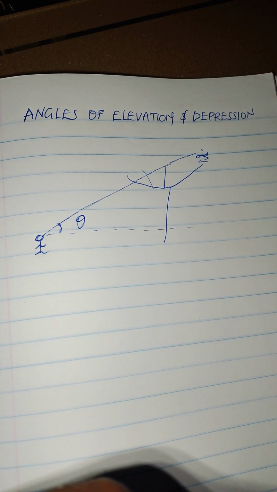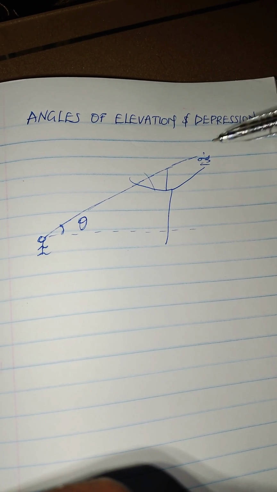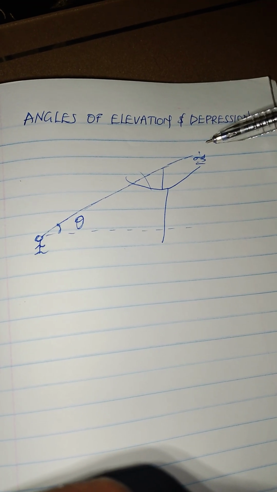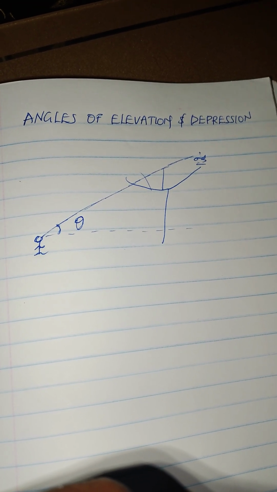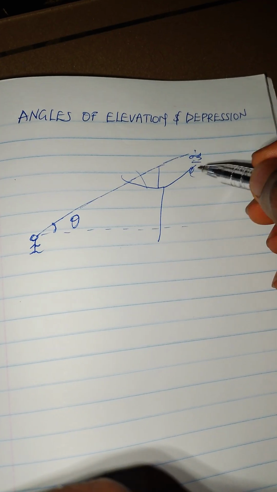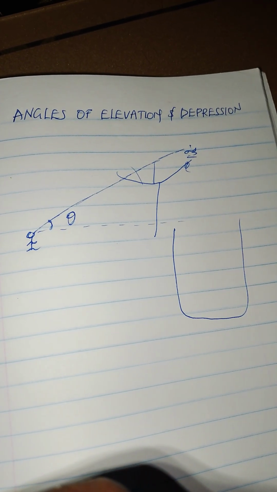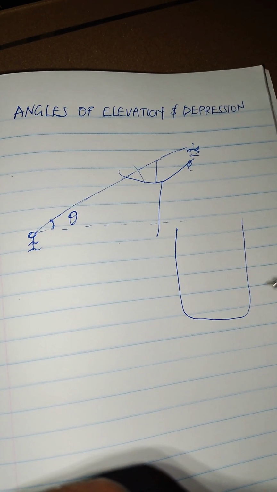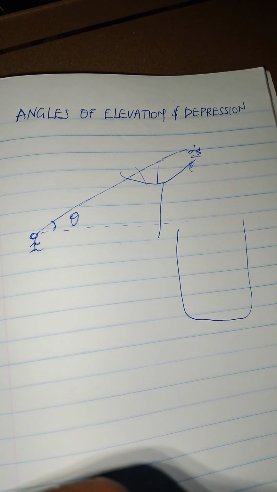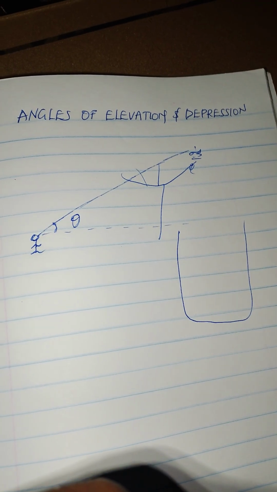Then again, imagine this bird bites or pecks on something, maybe one of the fruits on the tree, and it falls into a hole or into a pit, or maybe falls into something in the ground.